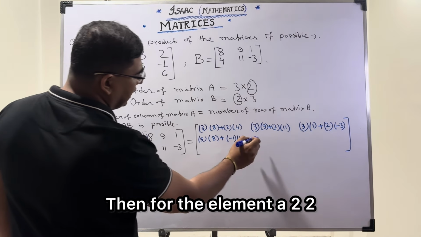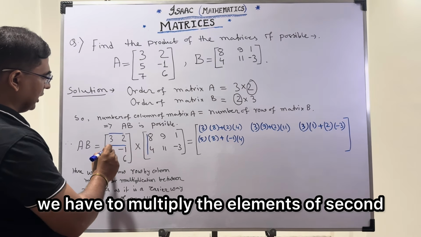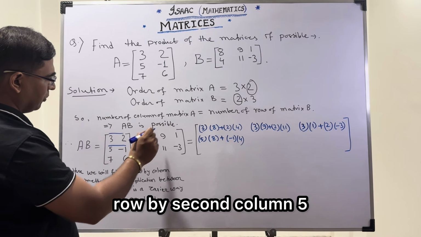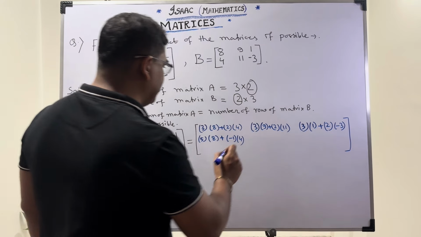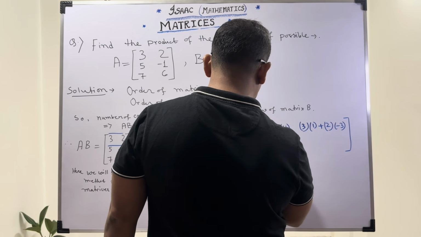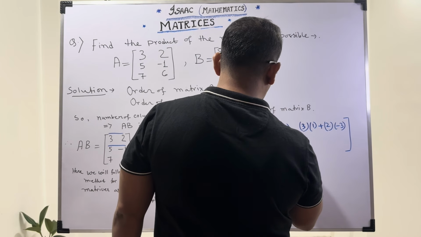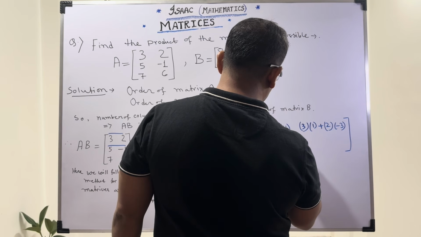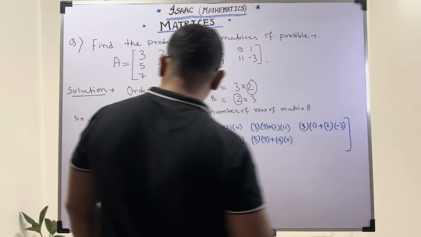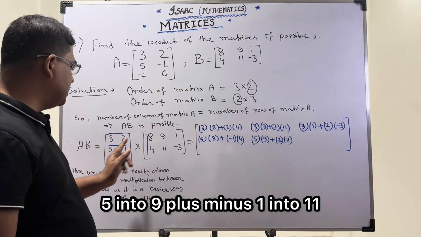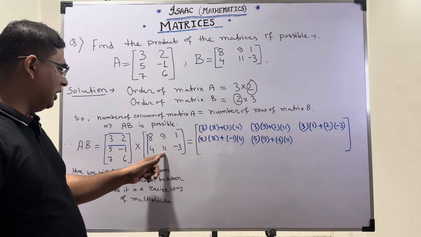Then for the element A22, we multiply the second row by the second column: 5 into 9 plus minus 1 into 11.